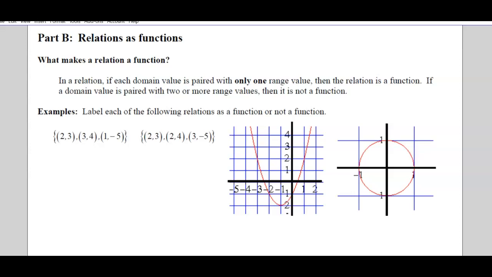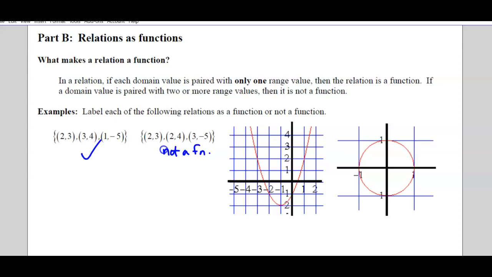It says label each of the following as a function or not a function. So you look for every x. With sets of ordered pairs, the way you can determine quickly if it's a function or not is if there's a repeated x value with different y values. Here there's no repeated x value, so this is a function. Here there is a repeated x with a different y value, so this is not a function. But that is not the definition.